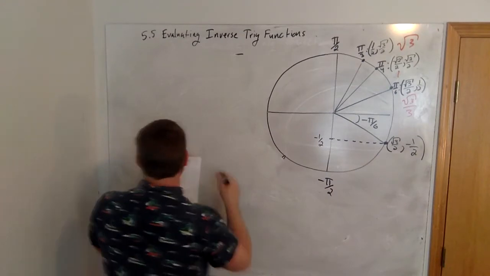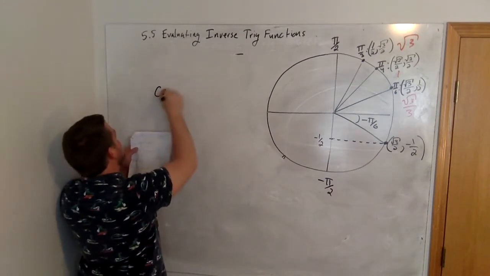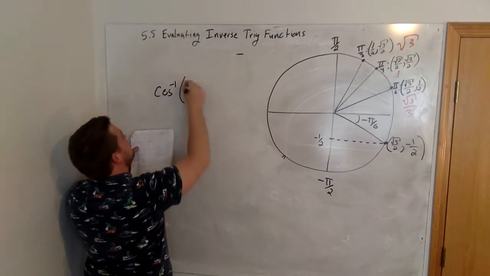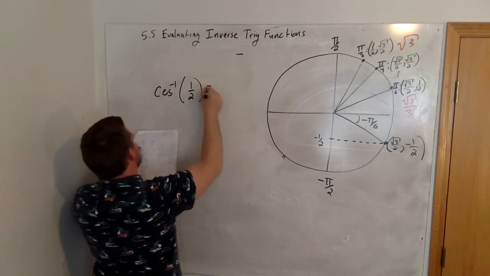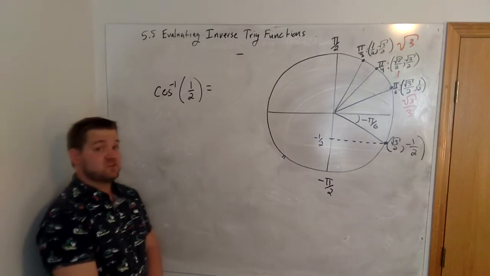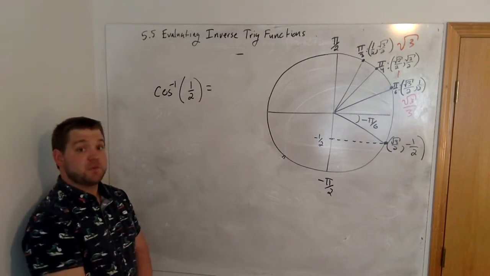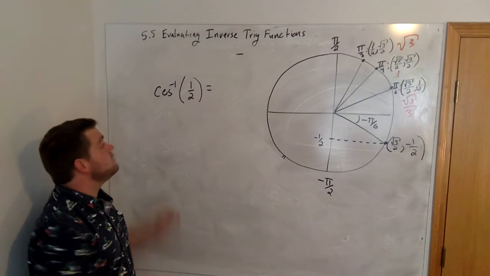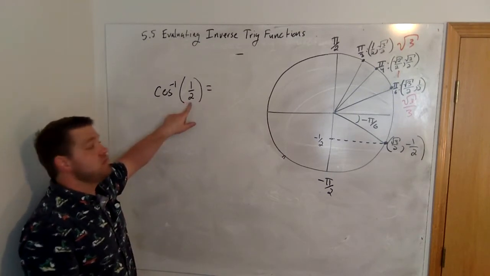Let's say that we want to know what the cosine inverse of 1/2 is. So remember how inverse functions work? They eat ratios and spit out angles. So I want to know what angle gives me an x-coordinate of 1/2.